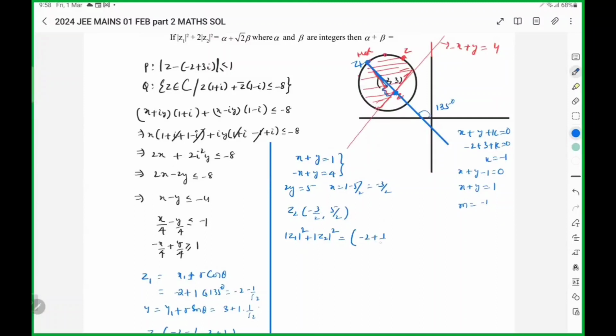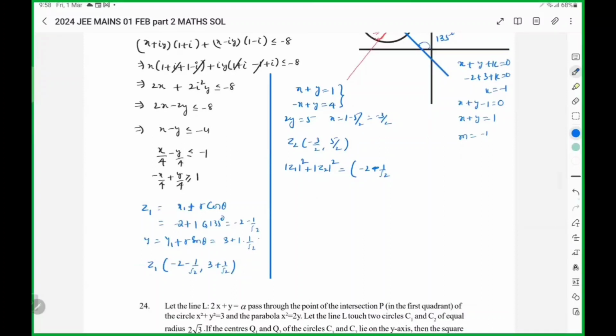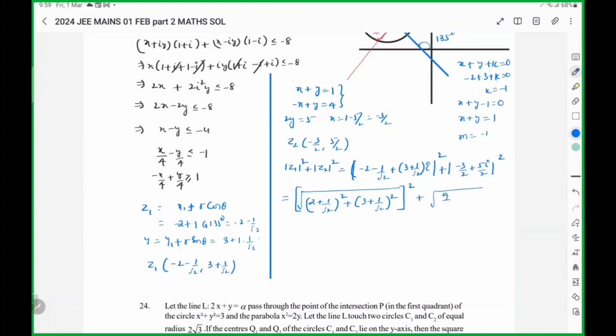Z1 is minus 2 minus 1 by root 2, 3 plus 1 by root 2, and Z2 is as above. So the whole squares, plus 9 by 4 plus, root and square get cancelled. 9 plus half plus, so root 34 by 4, 17 by 2.